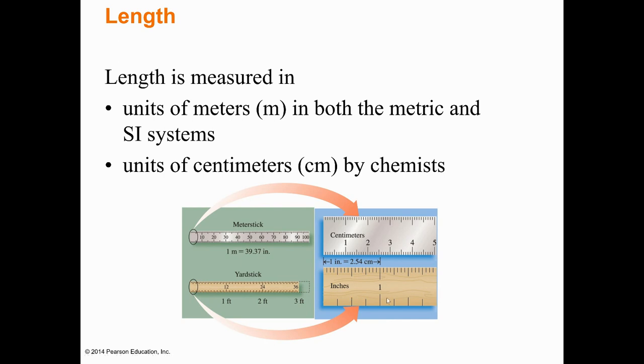Inches is an English unit, so we don't use that. If we were to measure the length of something in chemistry, we would use a meter or a centimeter. And here's a relationship: 1 inch going across is 2.54 centimeters.